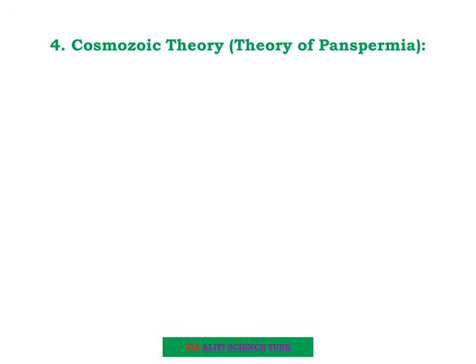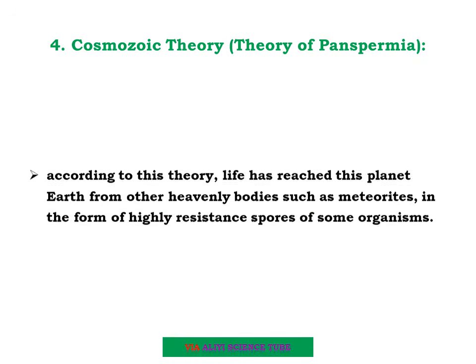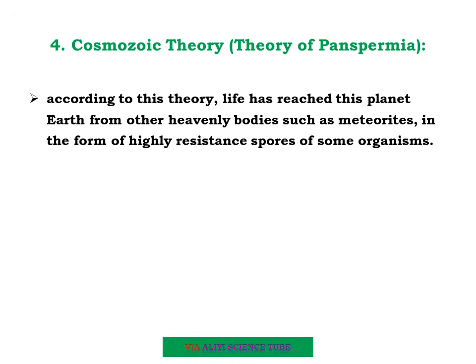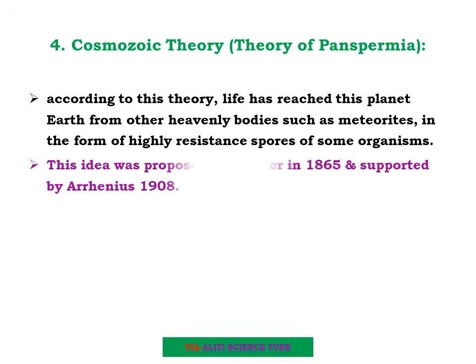The fourth one is the cosmologic theory of panspermia. According to this theory, life has reached this planet Earth from other heavenly bodies such as meteoroids, in the form of highly resistant spores of some organisms.